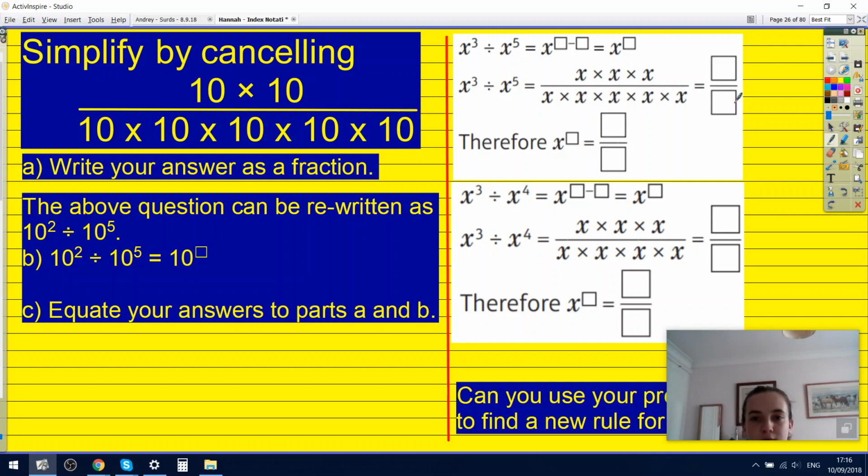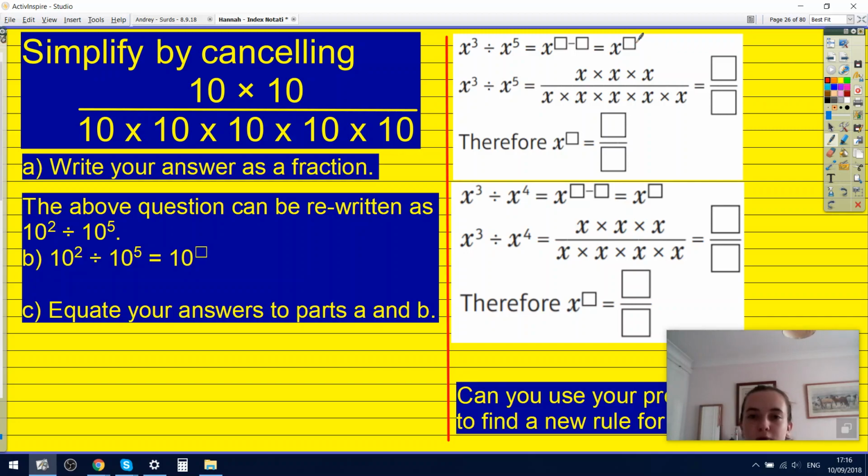Okay. Let's just do this a quicker way. Let's just do the thing on the right. x to the 3 divided by x to the 5. What is that? x to the 3 minus 5, and then x squared. What is 3 minus 5?